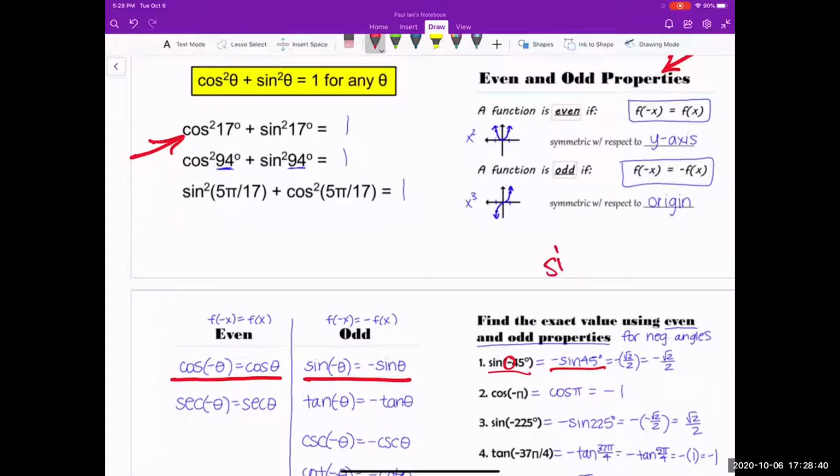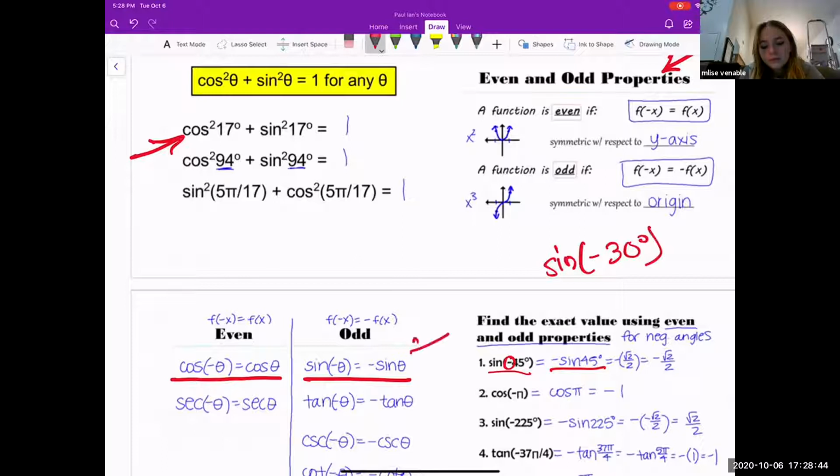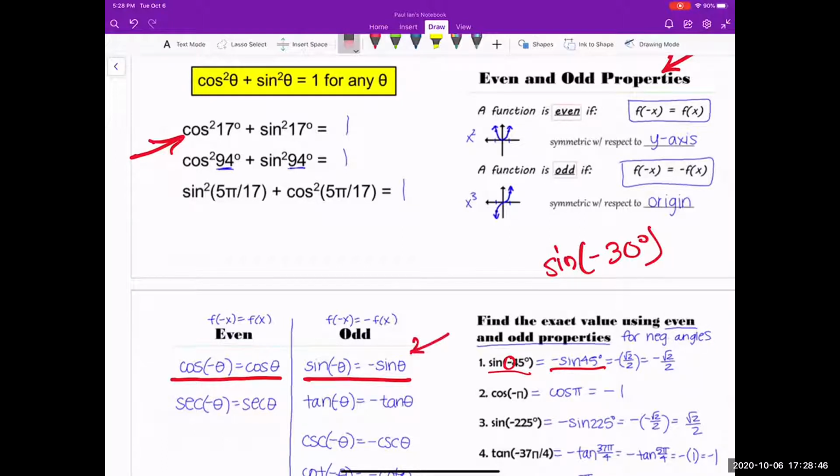So if you had sine of negative 30 degrees, you just apply this. Don't evaluate anything yet. You always apply that first. So how do you apply it? You take the negative value outside, and you make this positive.